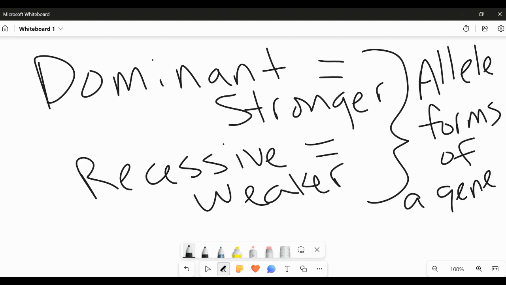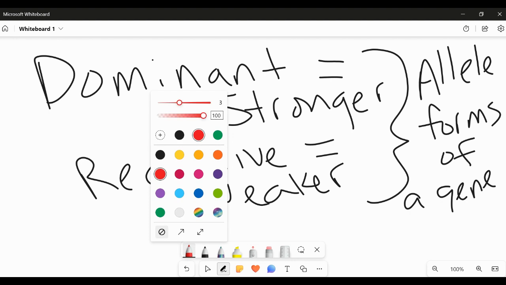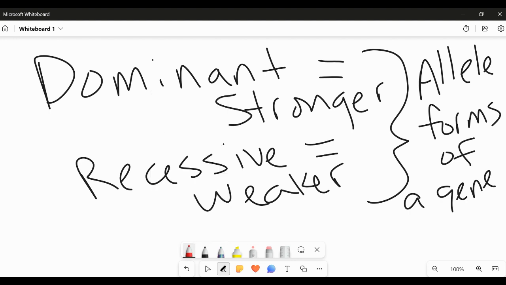And we show these by writing either a capital letter for the dominant, so like a capital letter A, and then a little letter a for recessive. Note that I used the same letter. I didn't use an A and a B. I used two A's, one capitalized, one lowercase, and that shows that these are alleles that are linked together.